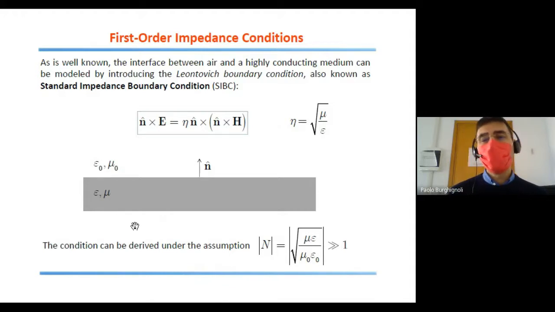If this absolute value is much larger than 1, so it is a large number, this means that there is a high dielectric constant between the two media, then one can derive this kind of boundary condition in which the fundamental parameter is this impedance eta, which is nothing but the characteristic impedance of the lower medium.